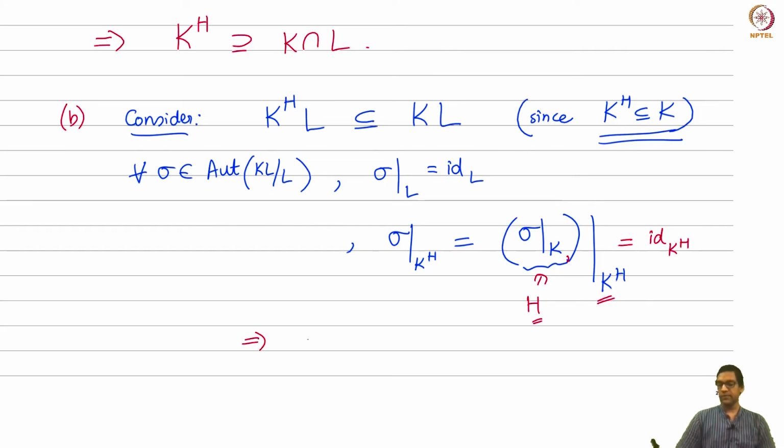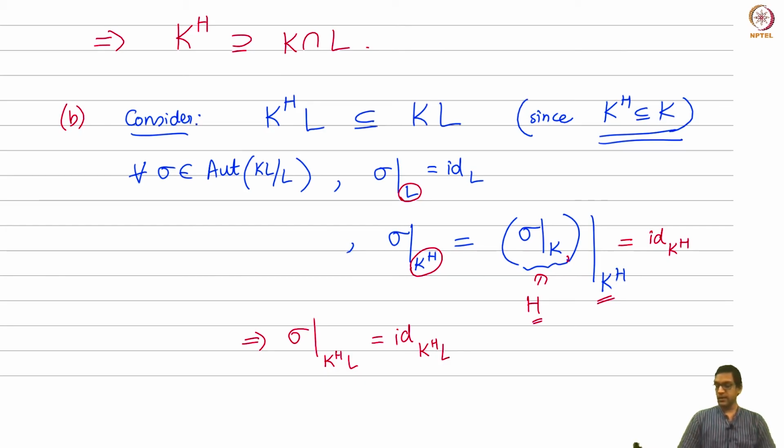Now the same argument that we used before: if an element acts as identity on two fields, L and K^H, then it acts as identity on their union and therefore as identity on their composite. So same argument as before. So what does this mean?